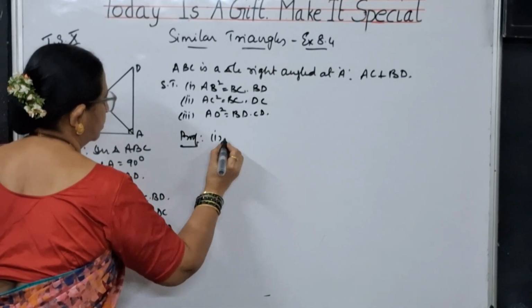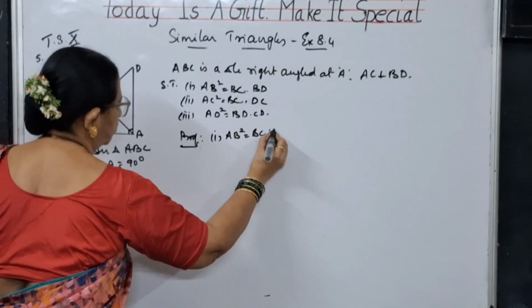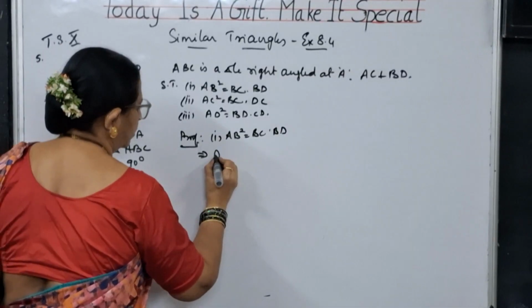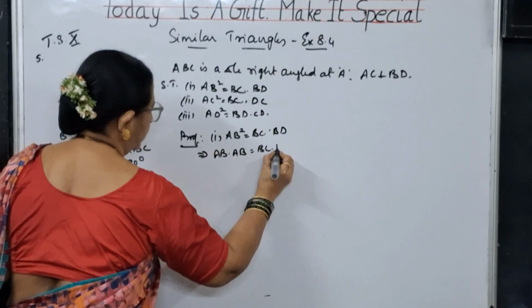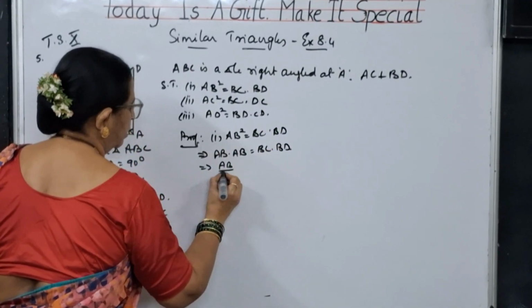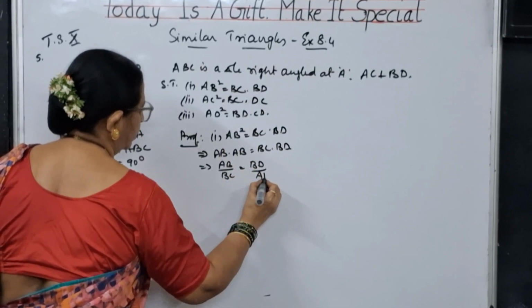First we will go for the first bit. AB square is equal to BC into BD. What does this imply, children? AB into AB is equal to BC into BD. What does this imply? AB by BC is equal to BD by AB.